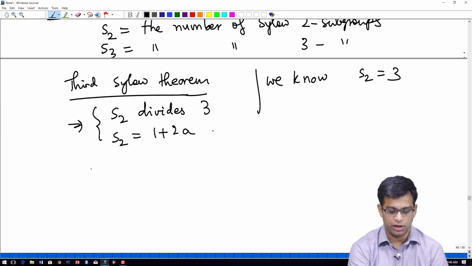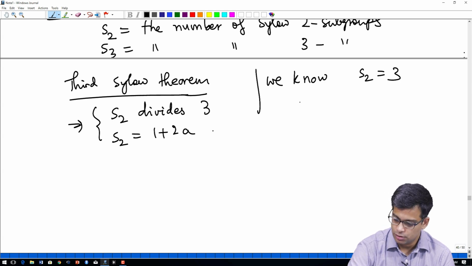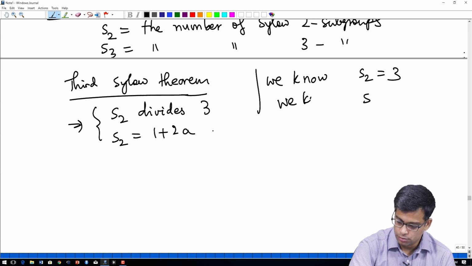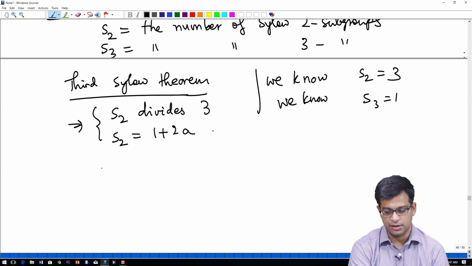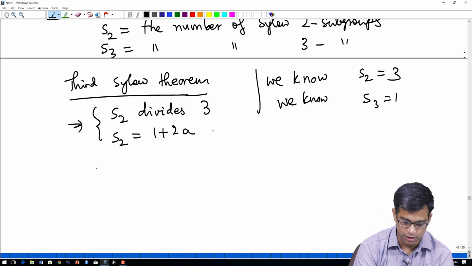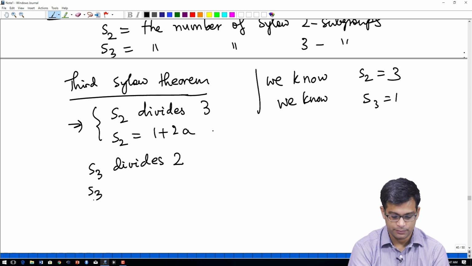What does the third Sylow theorem say about S3? We know of course S3 is 1. So, let us see if that is confirmed by the third Sylow theorem. S3 should be a divisor of 2 and S3 must also be 1 plus 3a.